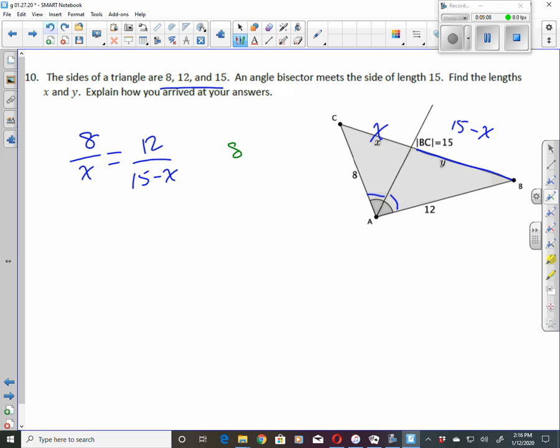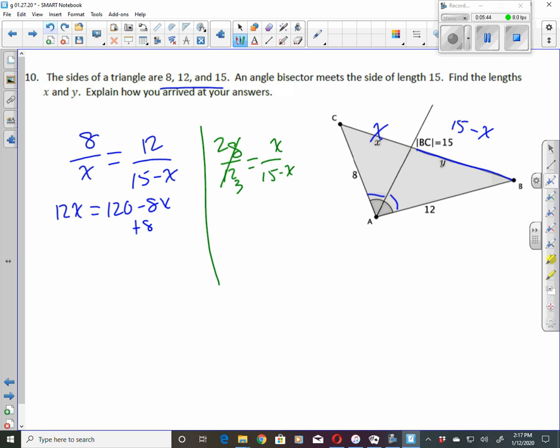Now clearly, if you see things slightly differently, it might actually be easier to solve this by going 8 over 12 equals x over 15 minus x, because I can reduce this to 2/3. And I'll go ahead and work them both. So let's go back to the original one. We've got 12x here. We've got 8 times 15. 8 times 15 is 120 minus 8x.